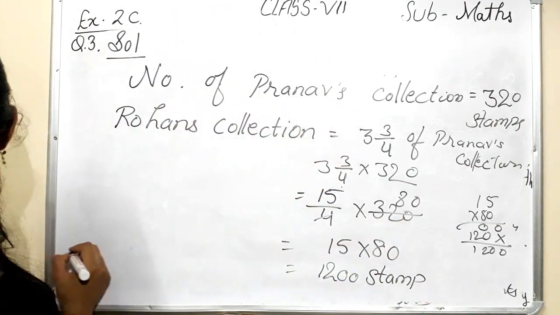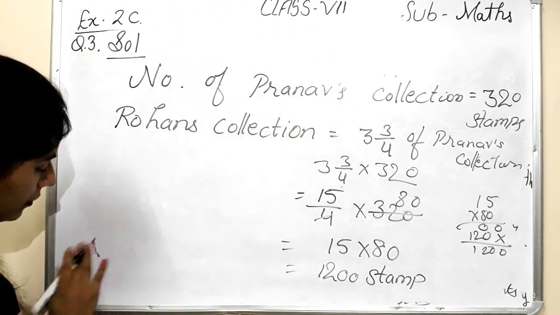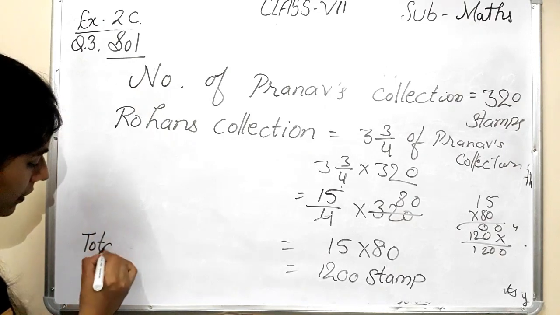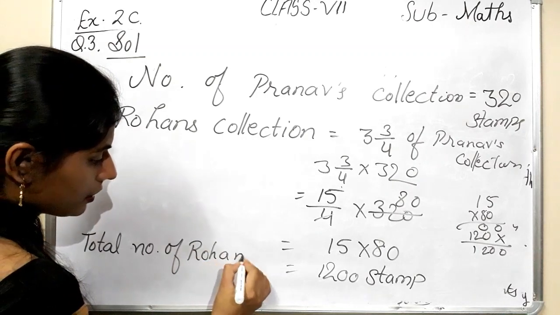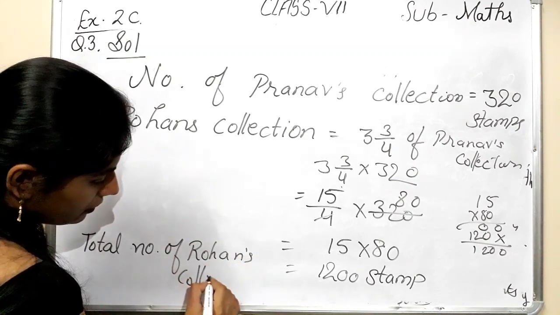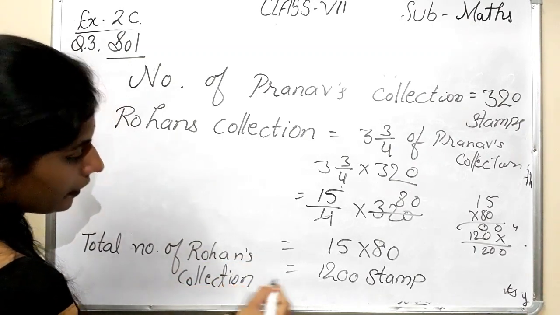Whose collection is this? Rohan's. Total number of Rohan's collection is equal to 240.